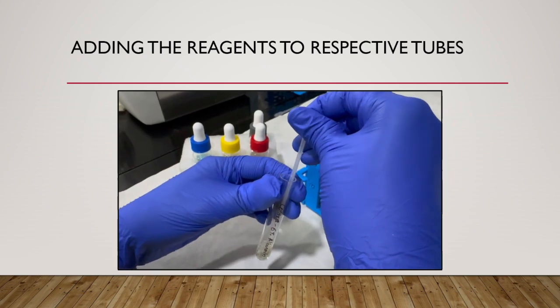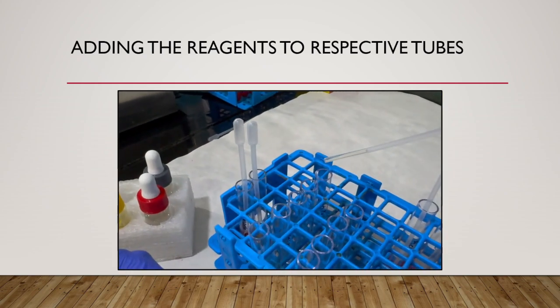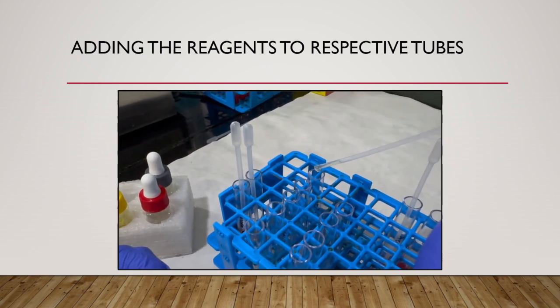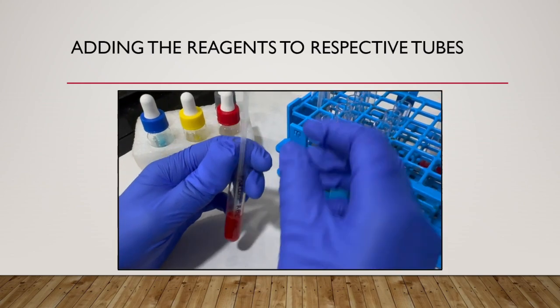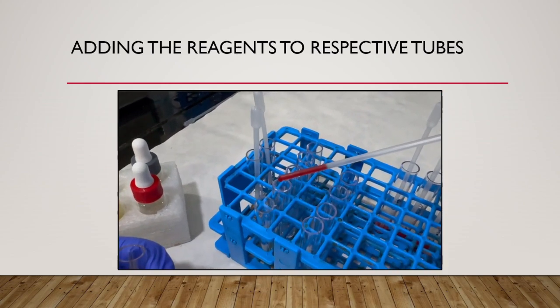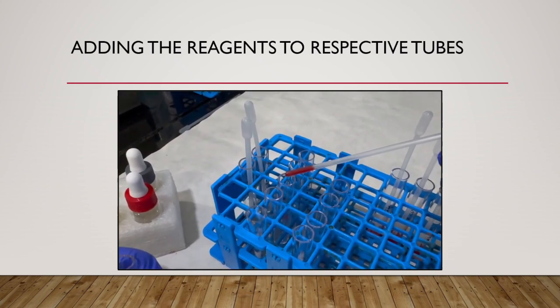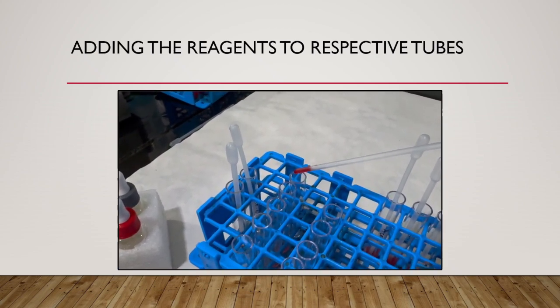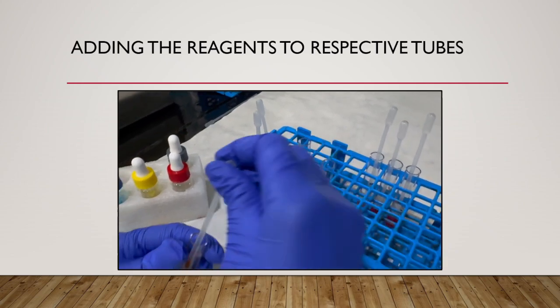And at last in forward grouping, as we have mentioned, we are adding 1 drop of 6% albumin as a control. Now we are adding one drop each of 3% red cell suspension of the patient to all the tubes of forward grouping.